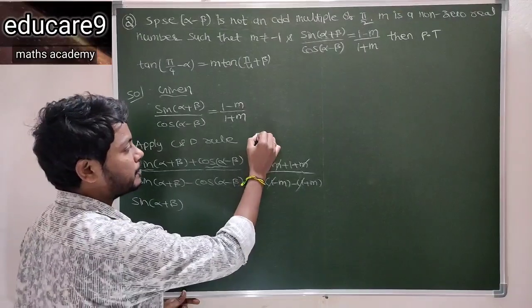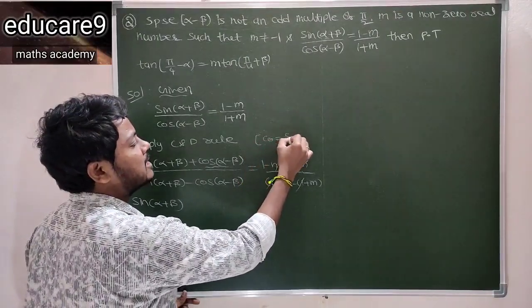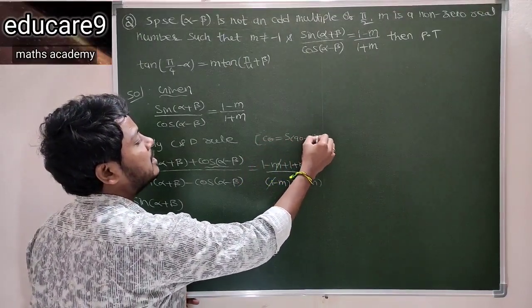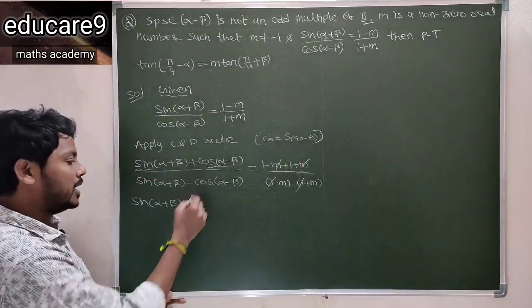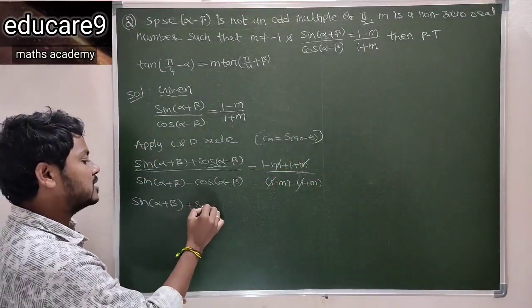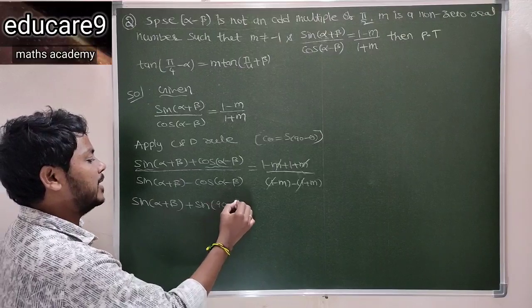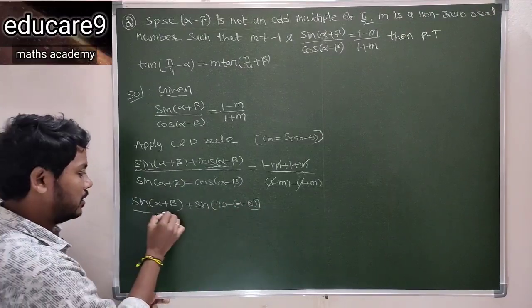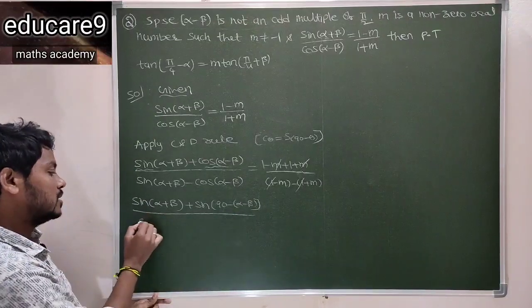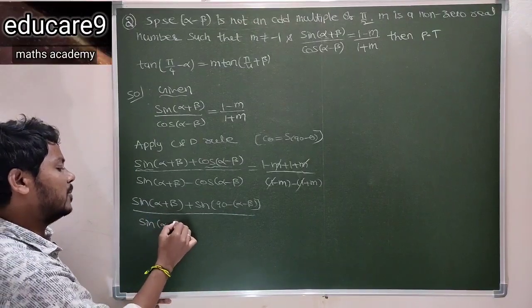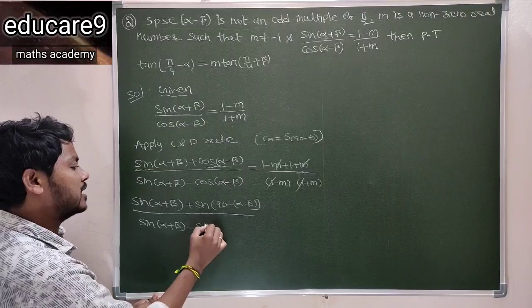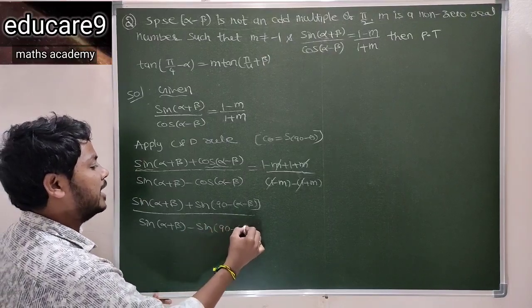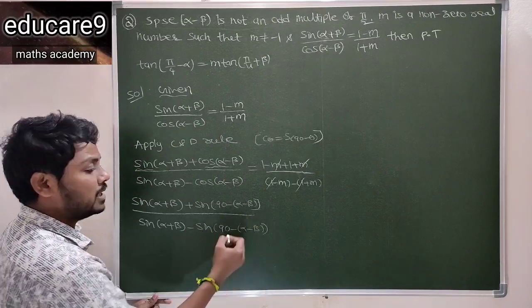See here, cos theta can be written as sin of 90 minus theta. So apply here plus sin of 90 minus alpha minus beta, divided by sin of alpha plus beta minus sin of 90 minus alpha minus beta.